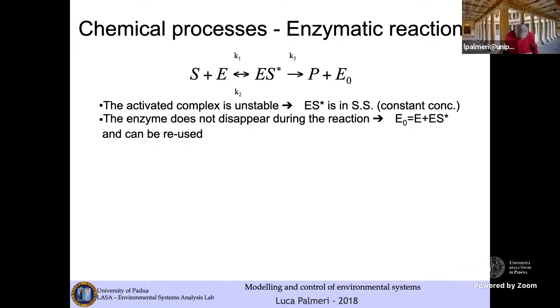Of course, the equilibrium of this process, these two chemical reactions, depends on the ratio between K1 and K2. The enzyme does not disappear during the reaction.